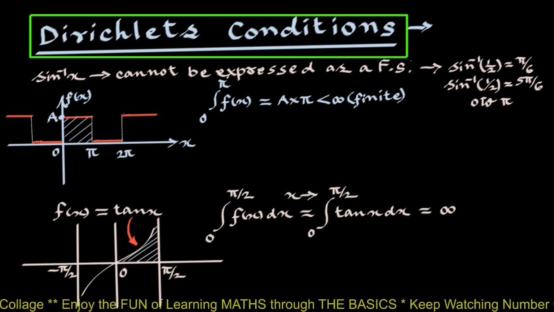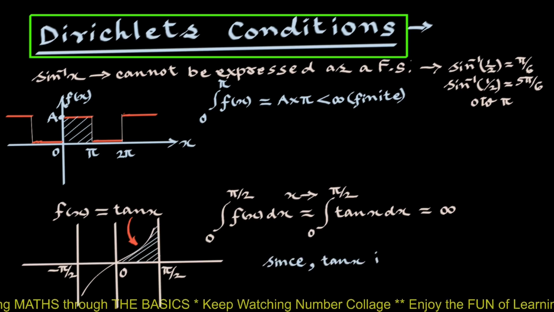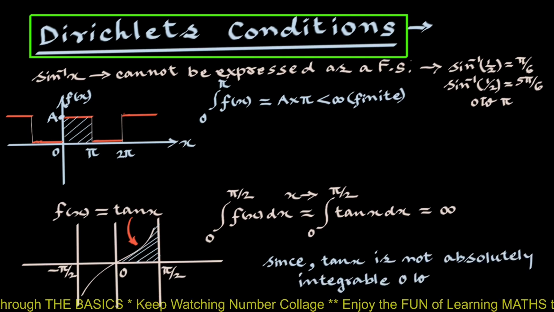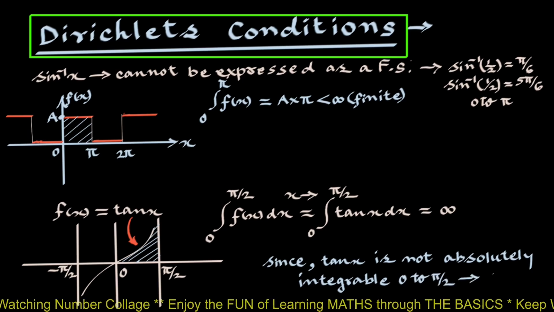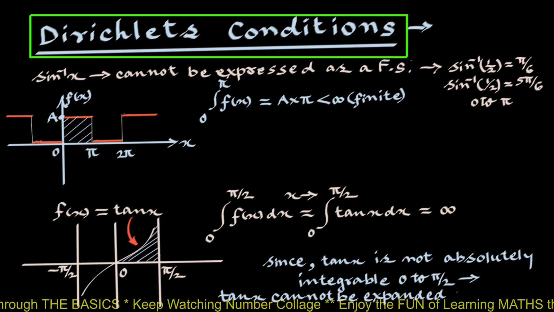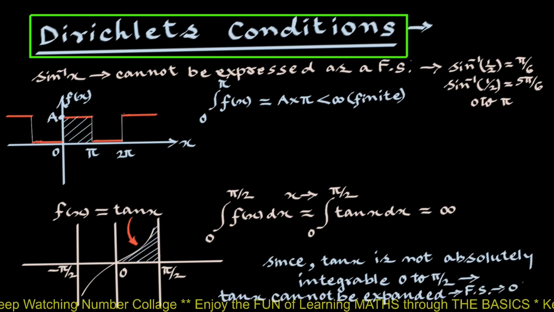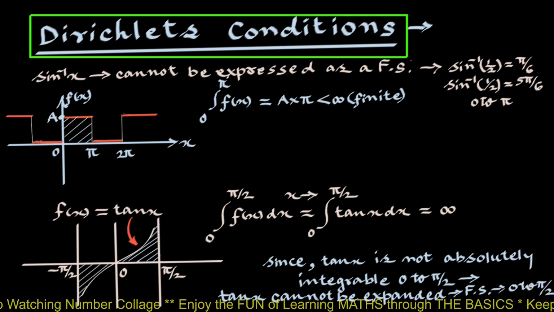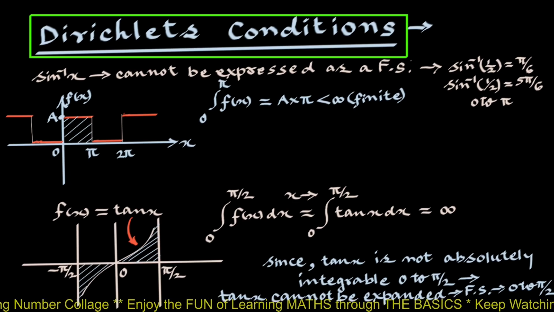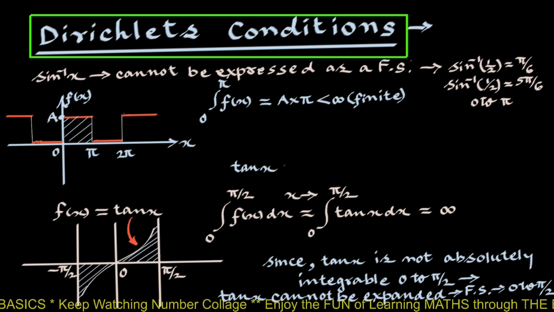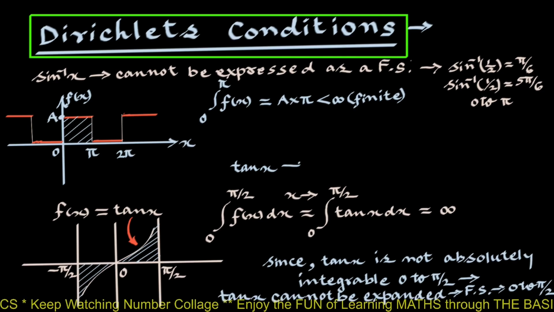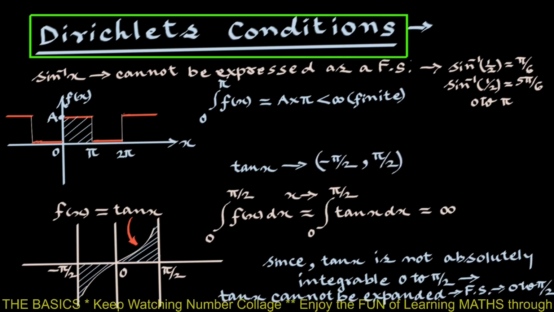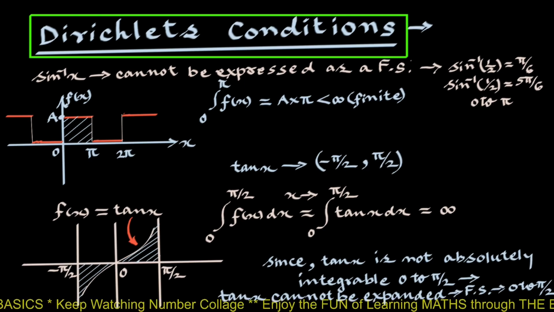Since tan x is not absolutely integrable between its domain 0 to pi by 2, tan x cannot be expanded as a Fourier series between 0 to pi by 2. The same is the case with the domain from minus pi by 2 to 0. In short, tan x cannot be expanded as a Fourier series in the domain minus pi by 2 to pi by 2, because these integrals are not finite.